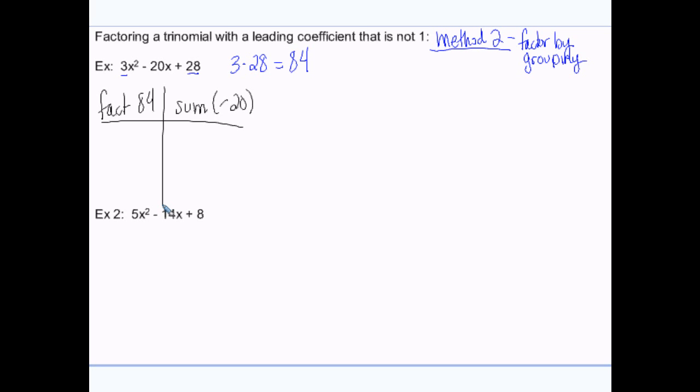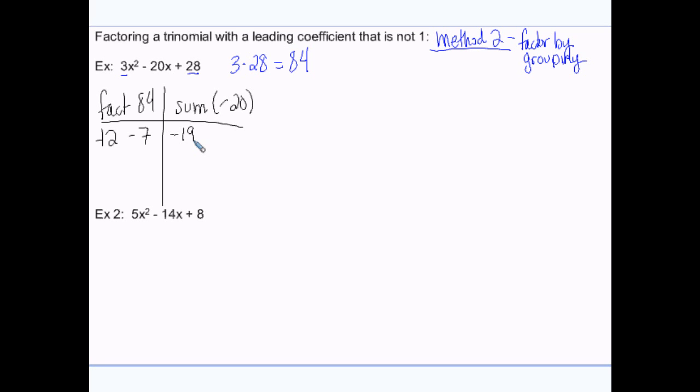Okay, well, if I do 12 and 7, and they have to both be negative, that's going to give me a negative 19, which is really close, but not quite. They both have to be negative because I'm getting a positive 84, but a negative 20. So negative 12 and negative 7 isn't going to work, but it's very close.